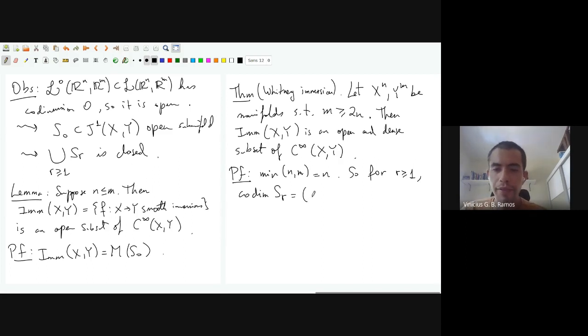The formula was (n − q + r) times (m − q + r), where q is the minimum, but the minimum is n, so this is equal to r times (m − n + r). Because r is greater than or equal to 1, this is greater than or equal to m − n + 1.